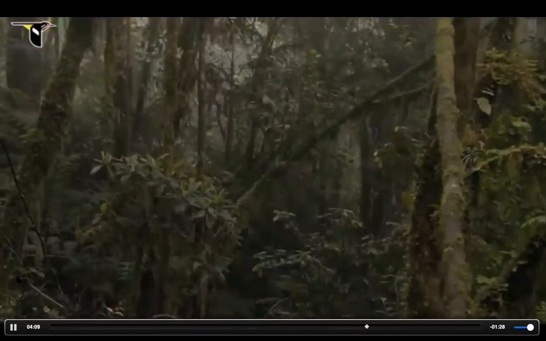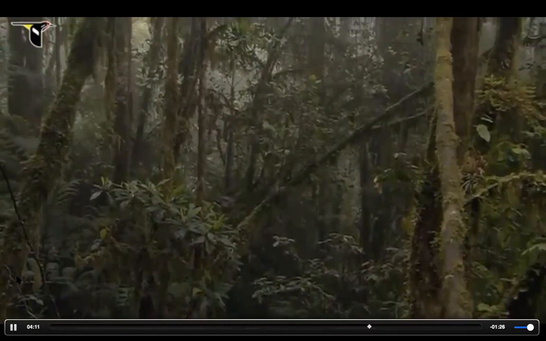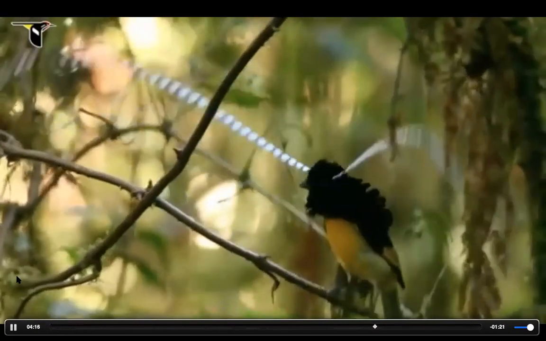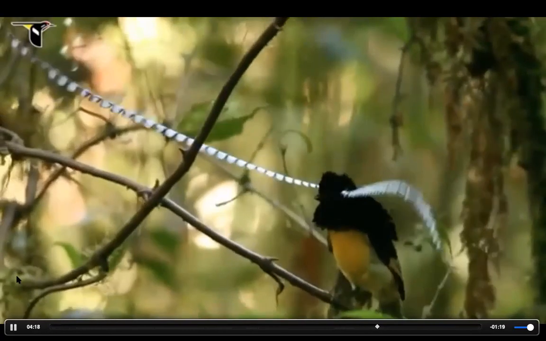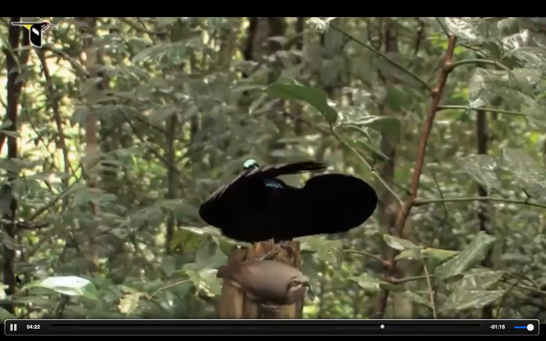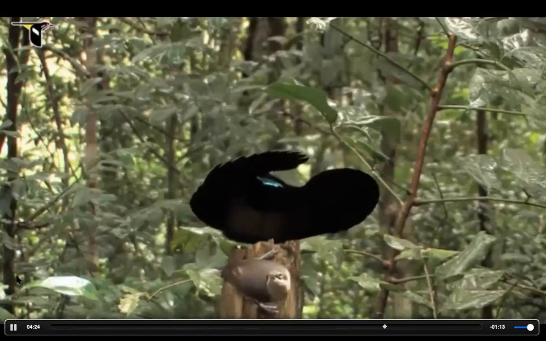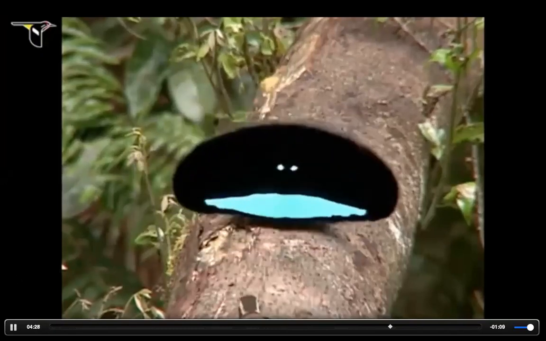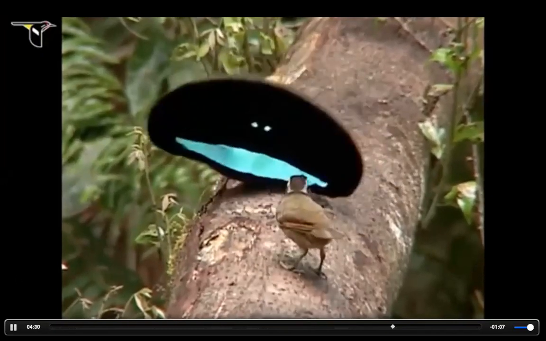What about New Guinea has led to these birds evolving here and nowhere else? What function do their outrageous plumes and ornaments play? And what exactly are they doing? For me, it still always goes back to the original driving question, you know, and that's, how did it happen? How did the birds of paradise come to be?